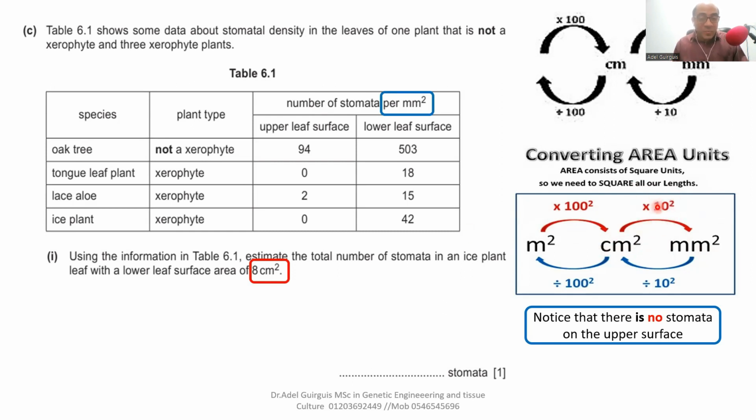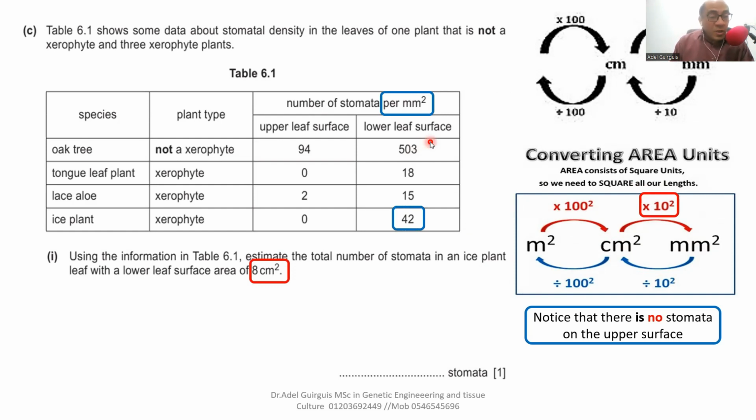From smaller unit to larger one, we divide; from large to small, we multiply. Now we multiply by 10 to the power 2, equal 100.